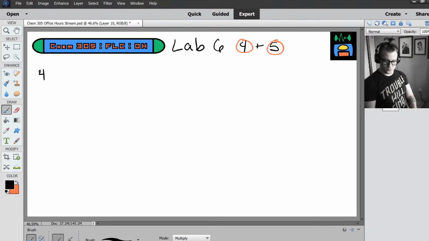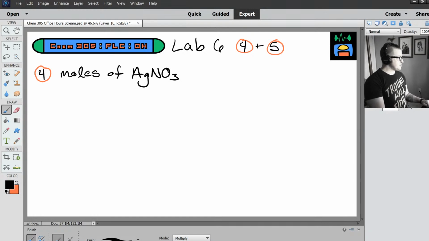Okay, so step 4 of our data analysis is we need to calculate the moles of silver nitrate.